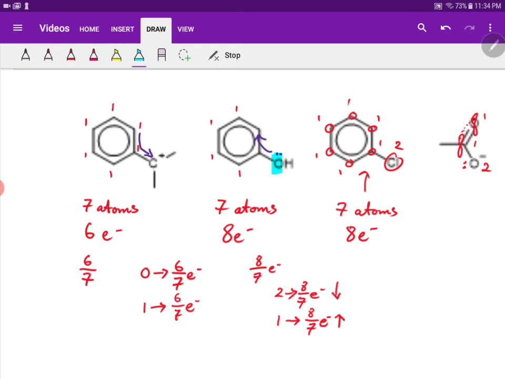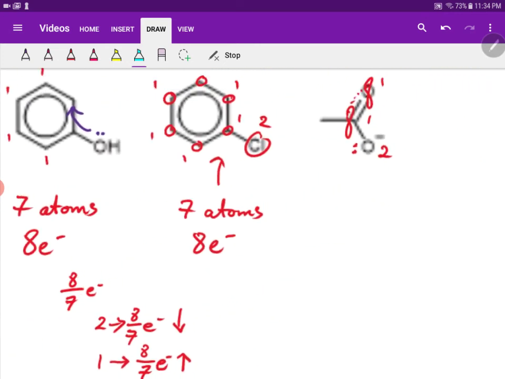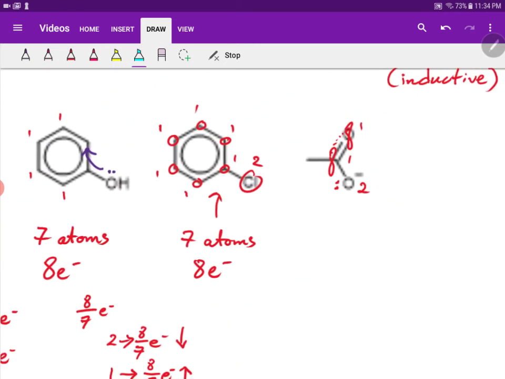Let's take a look at phenol versus our carboxylate. In the next few lessons, you'll learn about the stability of conjugate bases, which will determine the acidity of a weak acid. The common two examples that we compare are phenoxide and this carboxylate.